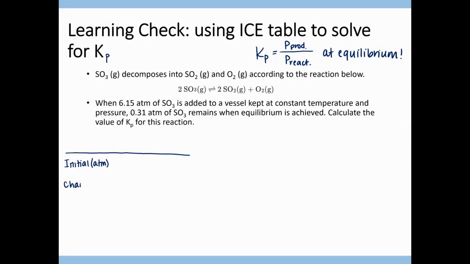Then we have change, and then equilibrium. ICE tables will always have those three rows, and you'll always put the reaction across the top row.